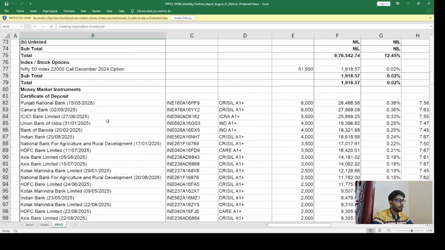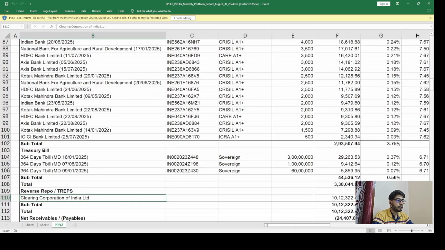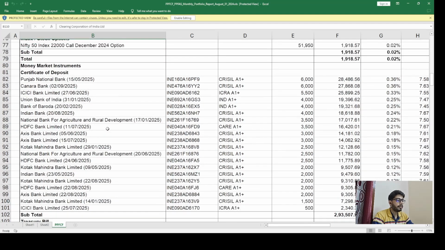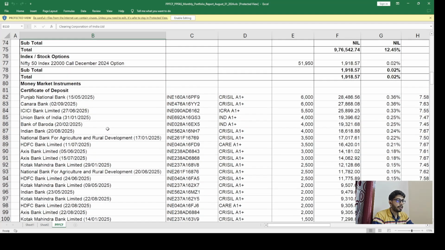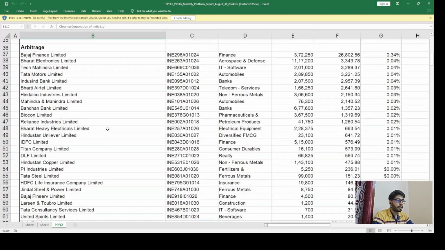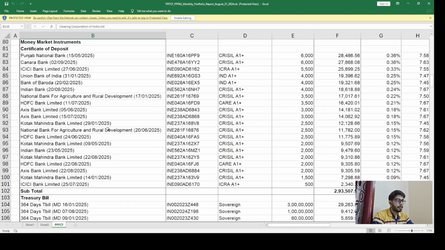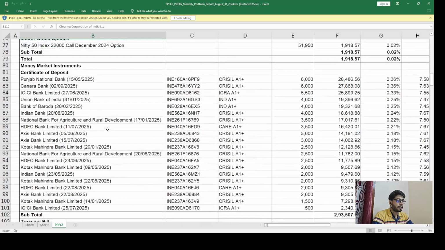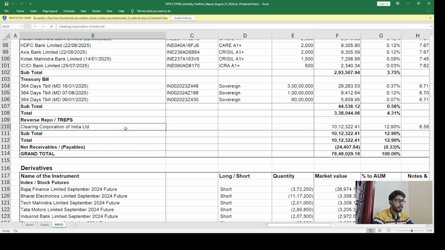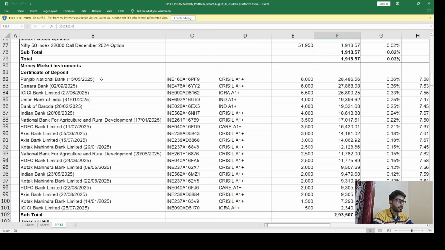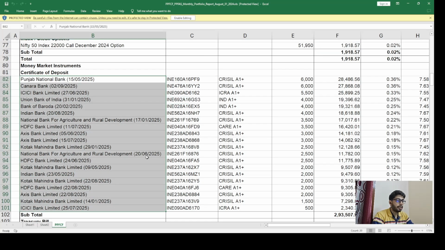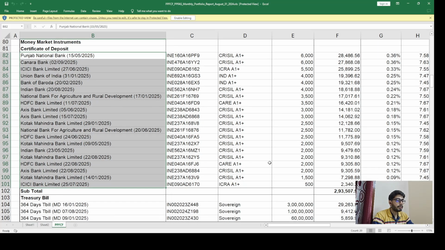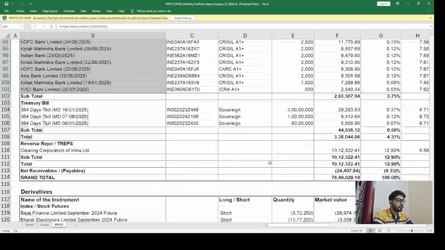These are probably bought because they want to make sure that if any redemption comes in, they are in a good position to fulfill the redemptions, and also whenever there is an opportunity because the market is volatile, they will be able to keep some cash ready for buying more stocks. The fixed income is for giving stability to your mutual fund, so that even in volatile environments there is some performance seen in the mutual fund.